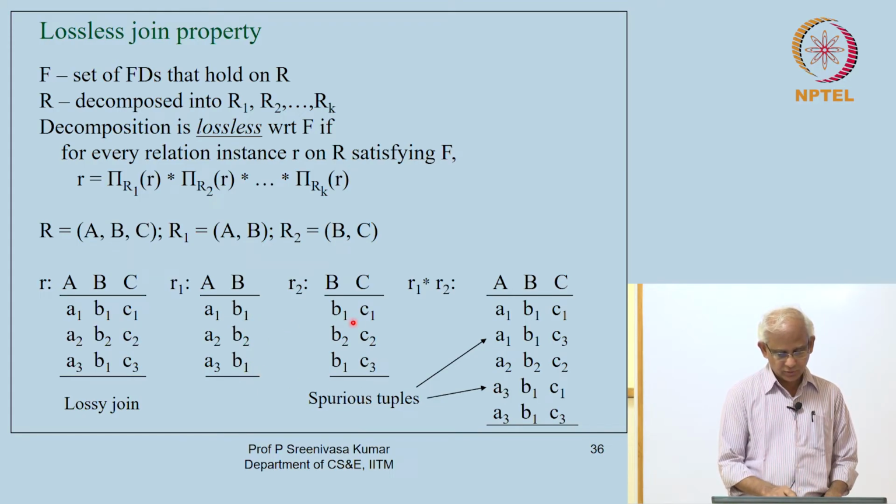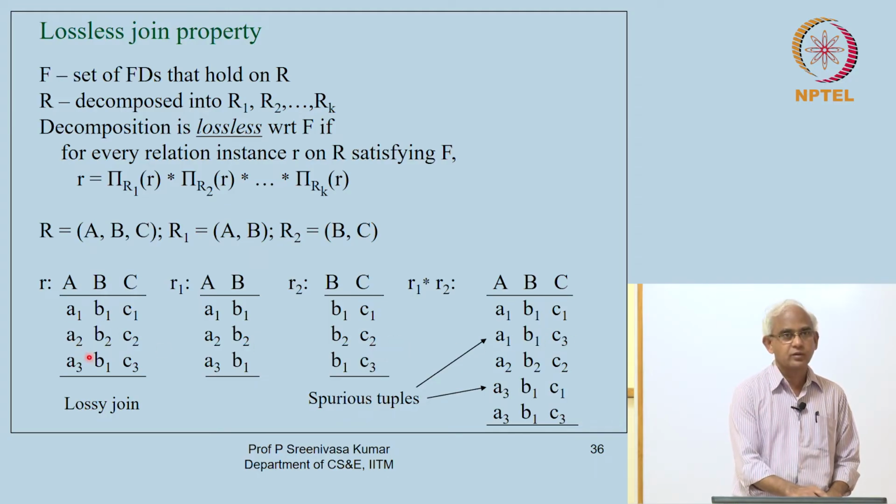Now, you do a join of these two. So, A1, B1 joins with B1, C1 and you will get A1, B1, C1, one of the original tuples. But unfortunately, A1, B1 also joins with B1, C3 and then you will get A1, B1, C3, which is actually not there in the original data.